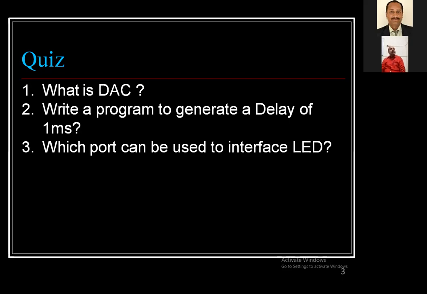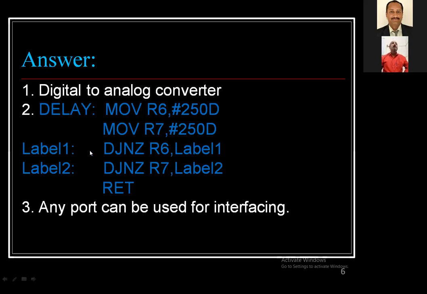The third question was which port can be used to interface the LED. The simple answer, don't get confused: any port can be used to interface the LED. Got it? This is the answer sheet for you.